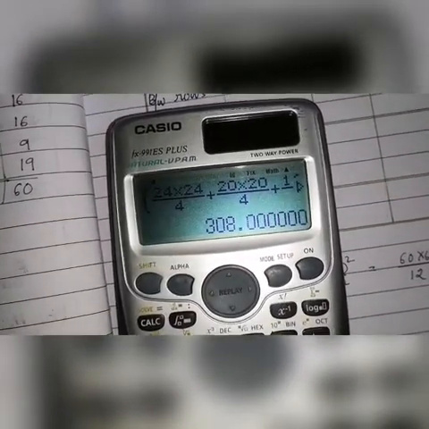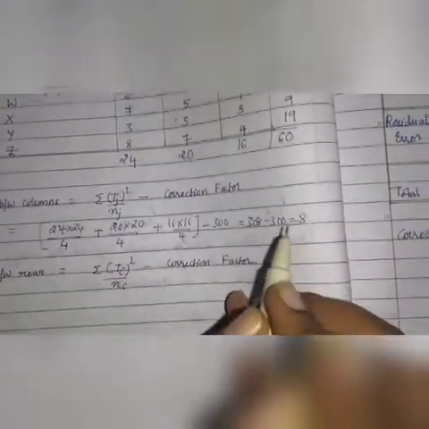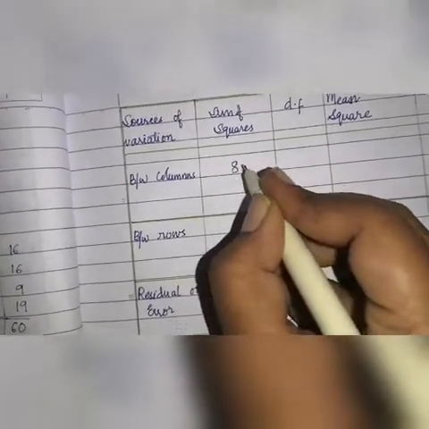So this is 308. So 308 minus 300 is equal to 8. So this is 8. Then let us write the value here. This is equal to 8.